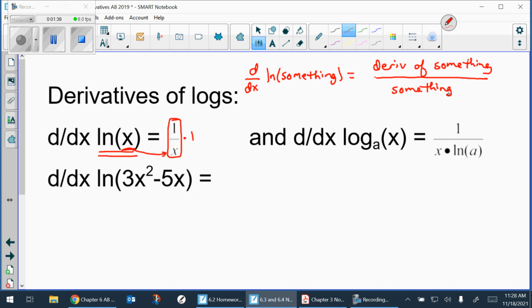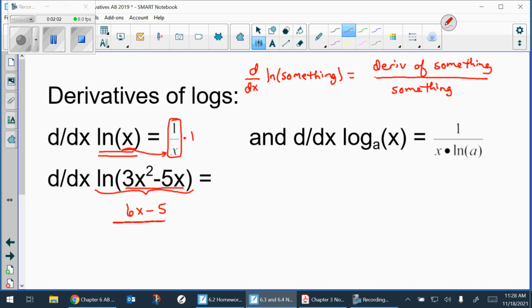So, if I'm going to find the derivative of the natural log of 3x squared minus 5x, the 3x squared minus 5x is the something. So to find the derivative of that, I'm going to find the derivative of the something, which is going to be 6x minus 5.